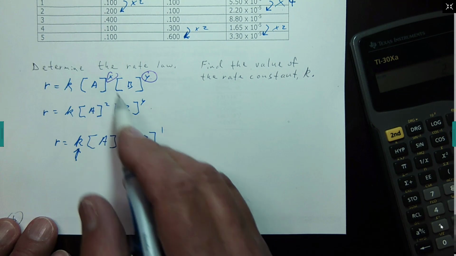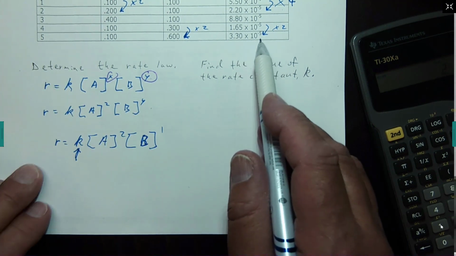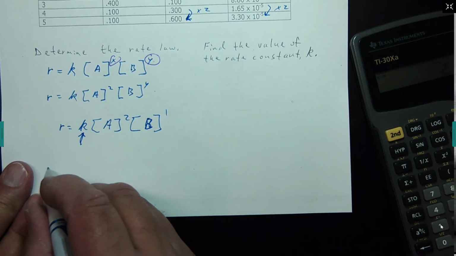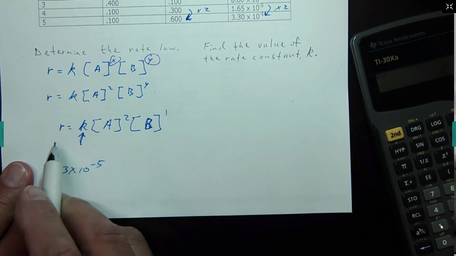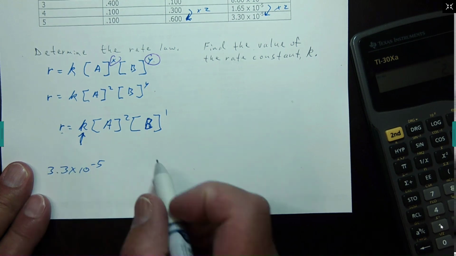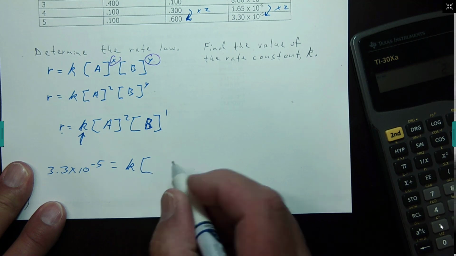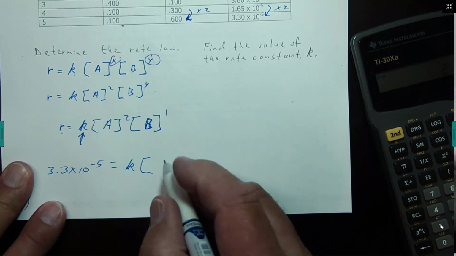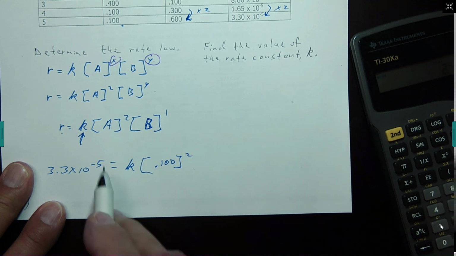The rate in trial 5 is 3.3 times 10 to the negative fifth. That's your rate. That's equal to the rate constant, K, times the concentration of A, which is 0.100 squared.